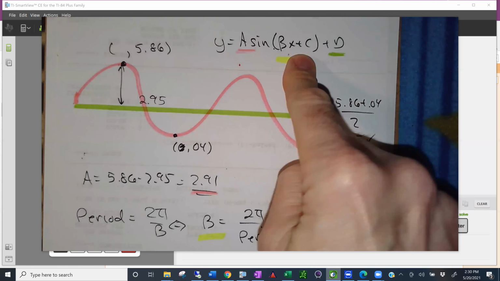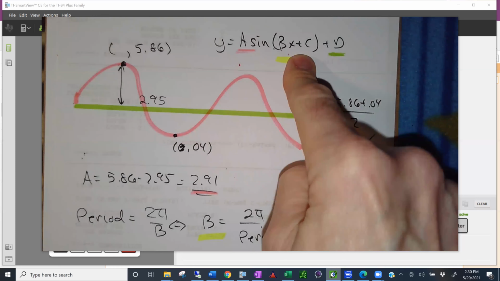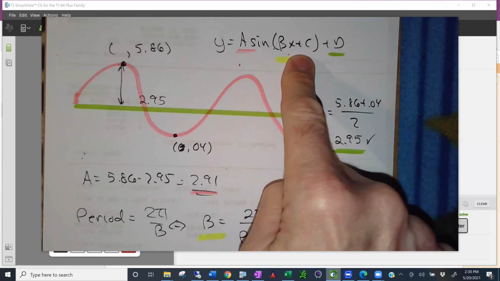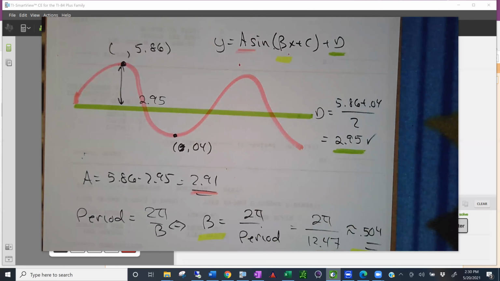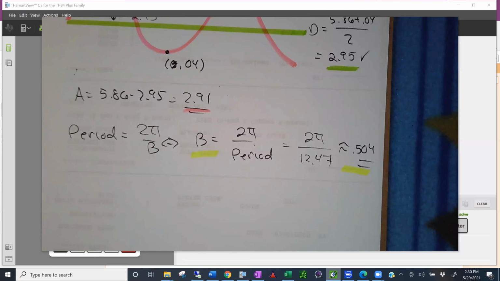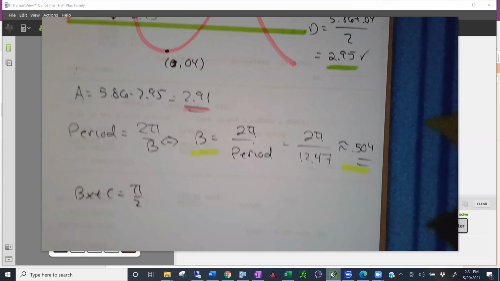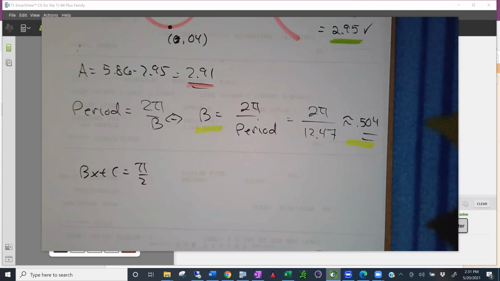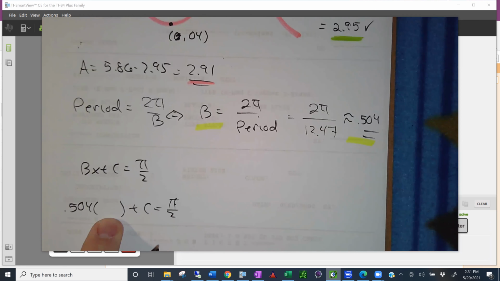The thing I'll have you note in determining C is that the maximum of a sine function is going to occur at pi over 2. So we want to figure out when does bx plus c equal pi over 2. And we actually know some of this stuff. We know that b is 0.504. And they tell us when the maximum value occurs, that is, when high tide occurs.